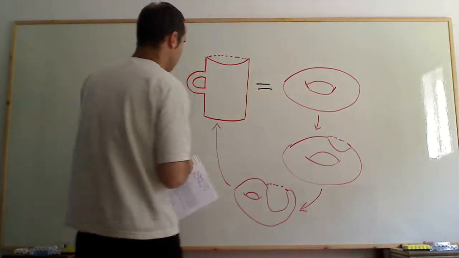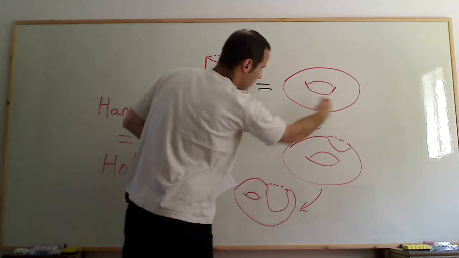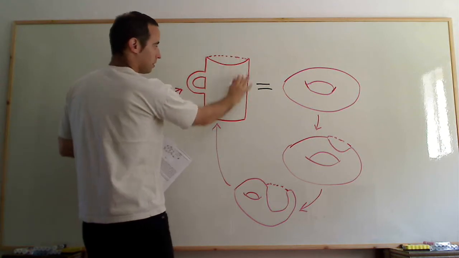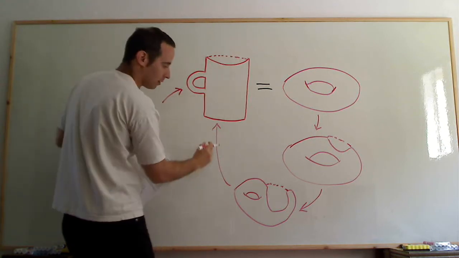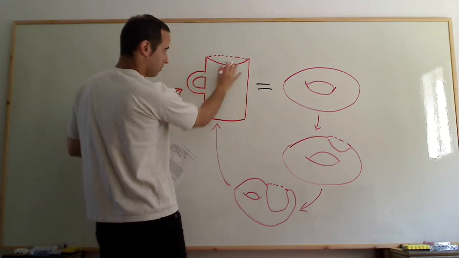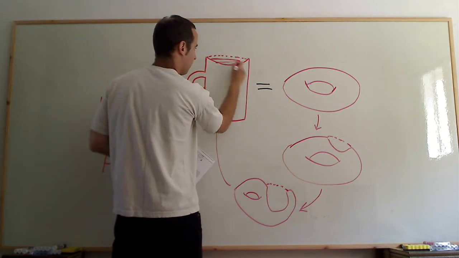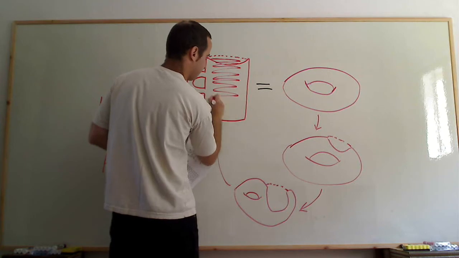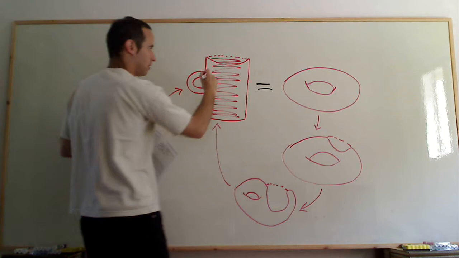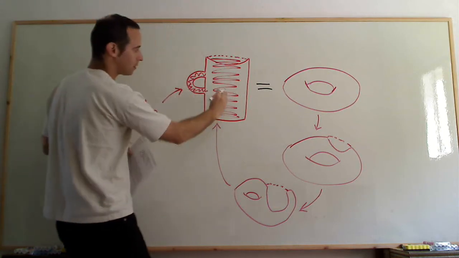So we can go also in the other direction, from here to here, from a cup to a donut, if we fill the shape here and make it smaller, okay? If we take this shape and fill it so it is all made with this material, the same material that is here, okay?